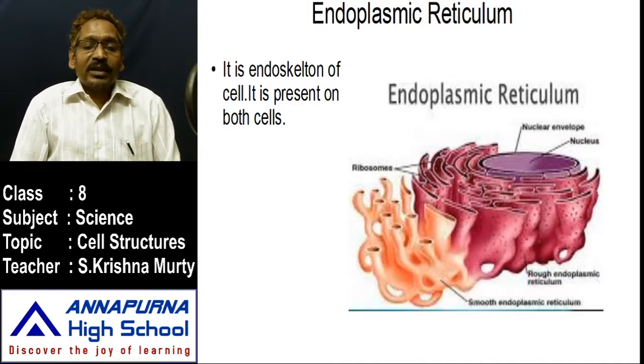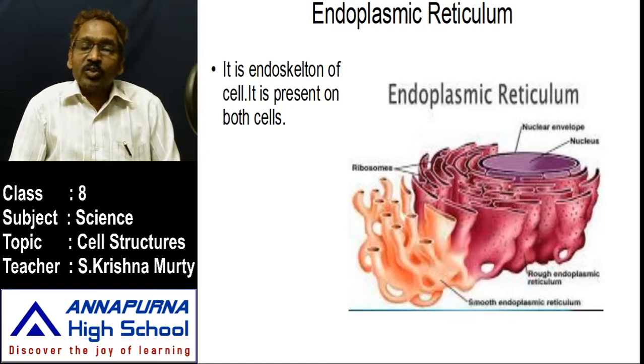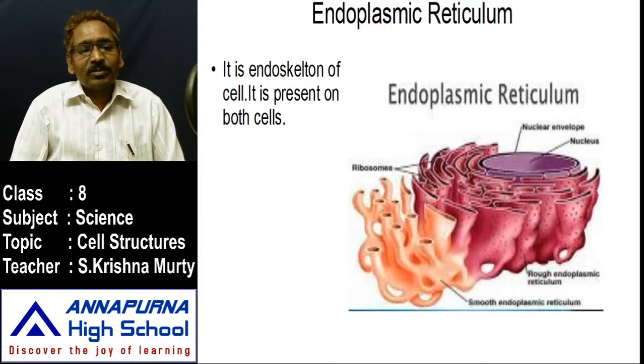So we can conclude that the endoplasmic reticulum protects inner parts from the external environment and also eliminates some waste material from the nucleus to the plasma membrane, because it is connected with the plasma membrane at one end and with the nucleus at the other end. By this path the waste material is sent out to the plasma membrane and the required material is transported. So it is a pathway to transport and to eliminate waste material.